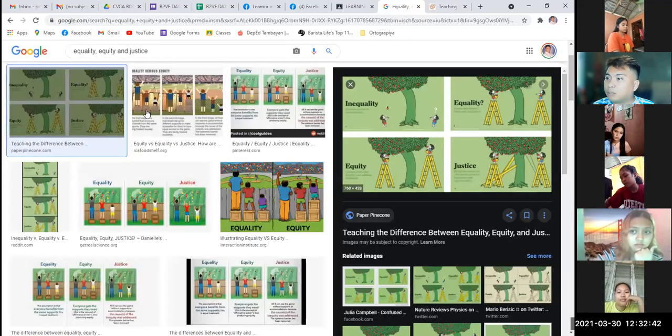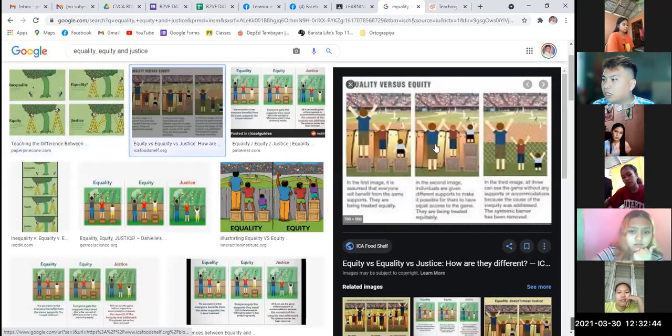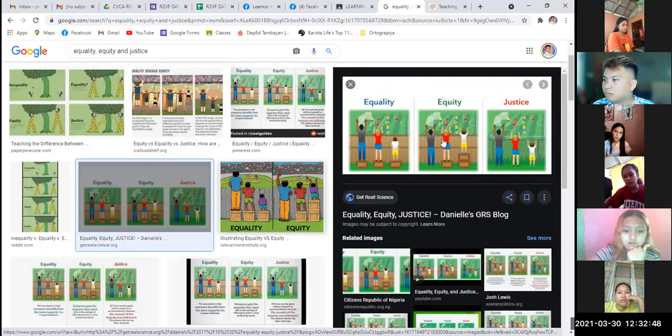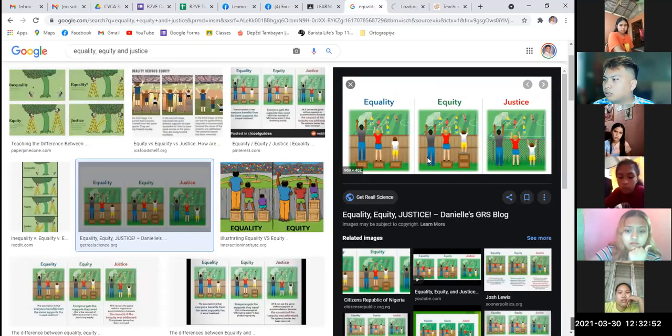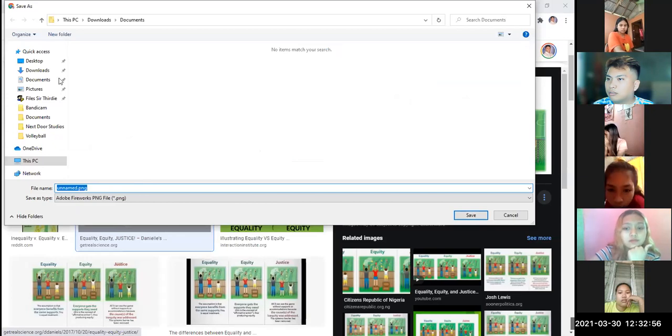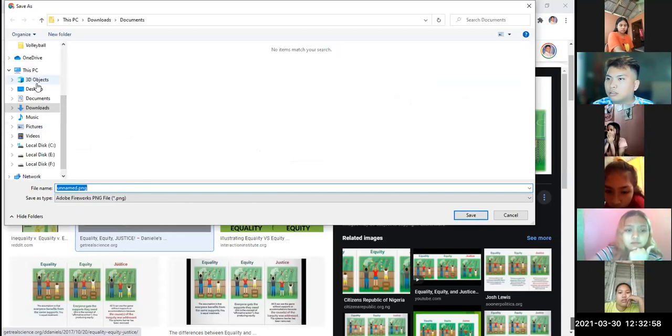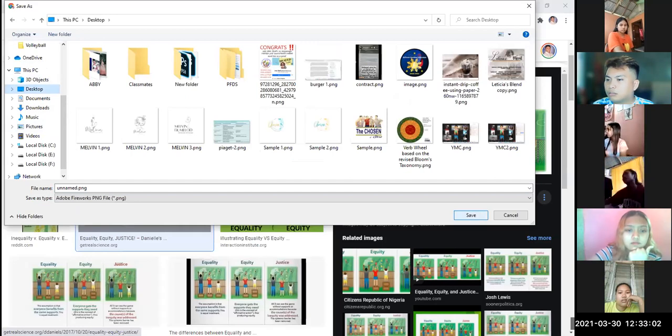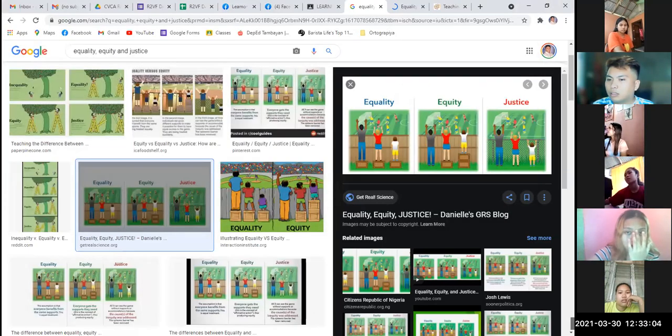Let me have another picture. I think this is much clearer on the idea of justice. Let me download it to the desktop. Let me show you the picture.